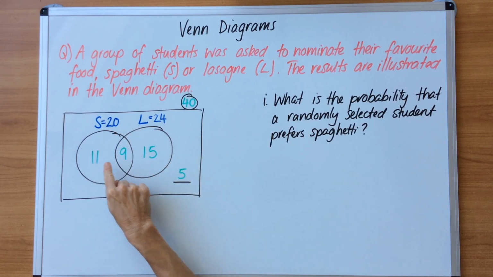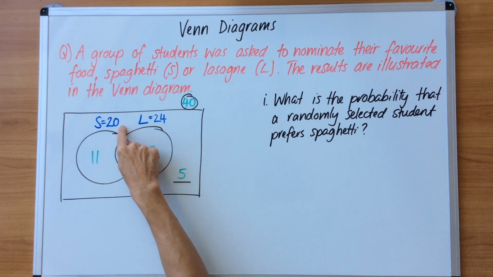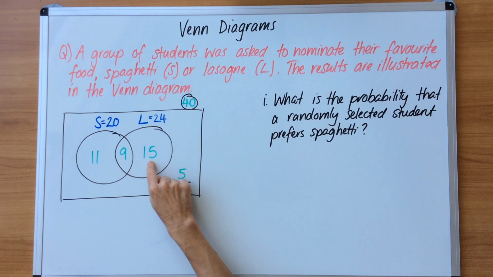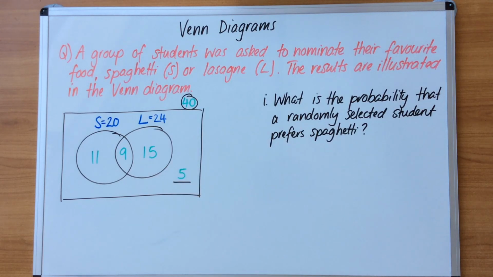If you add 11 and 9 together, you will get 20. This is the same for lasagna. This is the amount of students that said they liked lasagna, regardless if they liked both or just lasagna only. If you add these two numbers here, you will get 24.